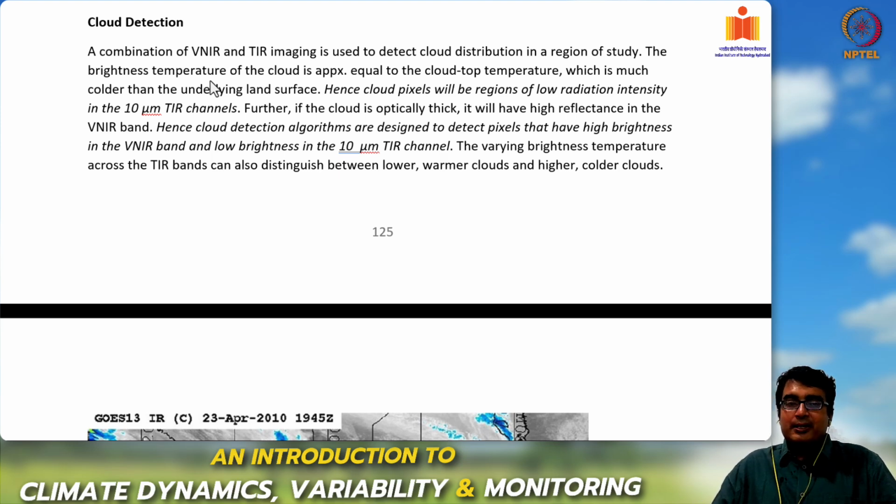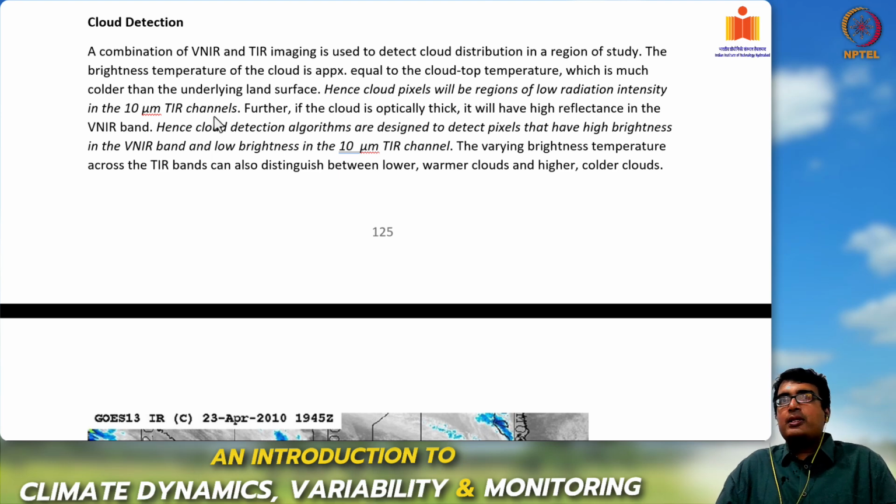The brightness temperature of a cloud is approximately equal to the cloud top temperature, which is much colder than the underlying land surface. Hence, cloud pixels will be regions of low radiation intensity in the 10 micrometer TIR channels. Because the clouds are much colder compared to the land surface or sea surface below, there will be a sudden drop in the TIR spectra intensity in the 10 micrometer range.